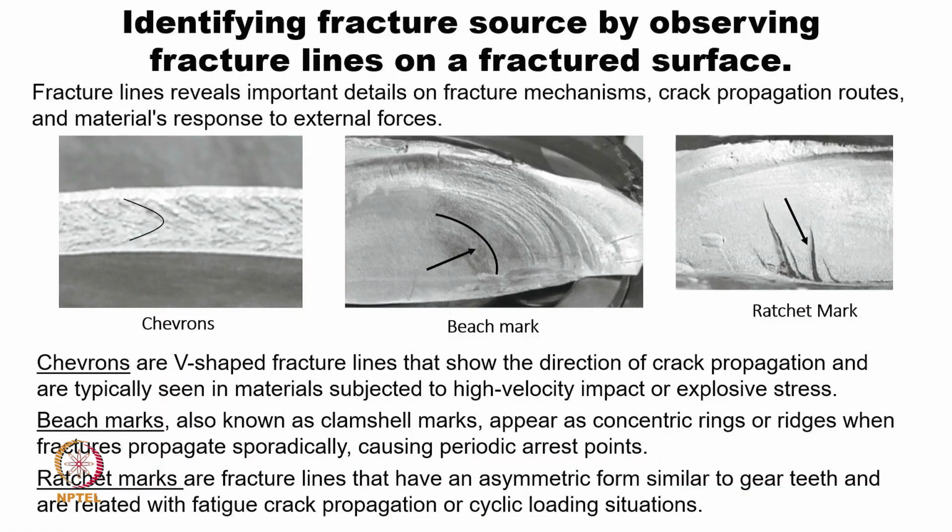Now I am going to show the next 2 slides, which I have covered in earlier lectures of this course, on how you identify a fracture by observing the fracture lines. There are 7 different kinds of fracture lines, and if we are able to observe them, we can say what kind of mechanism is playing the major role.